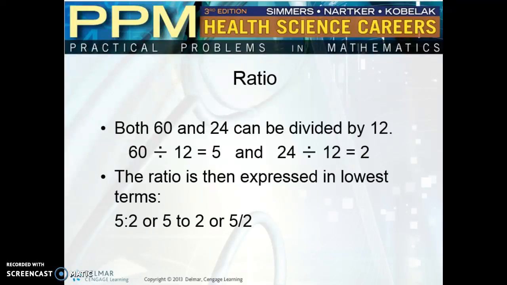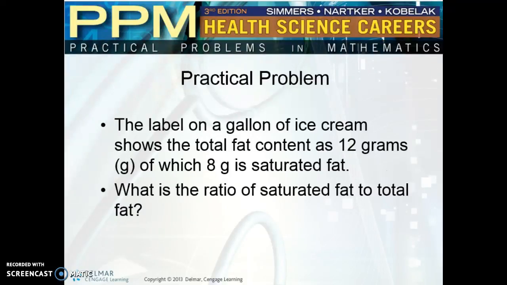Okay, so here's another practical problem. We've got a label on a gallon of ice cream. It shows the total fat content as 12 grams, and 8 grams of that is saturated fat. So what is the ratio of saturated fat to total fat? Again, make sure you take saturated fat first, which is 8 grams, over the total, which is 12.